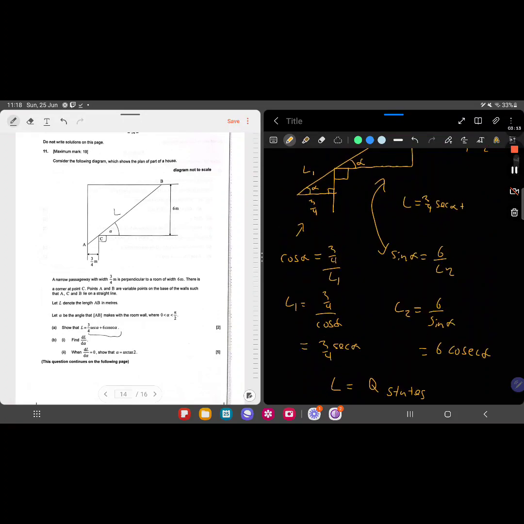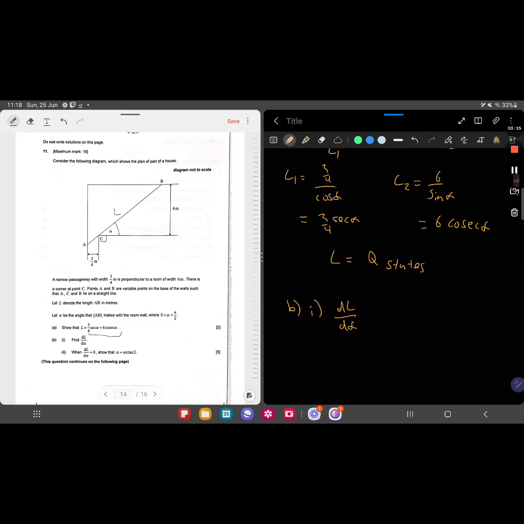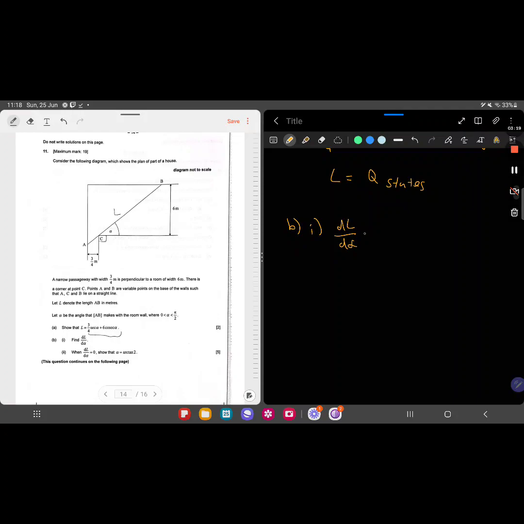This is a derivative. In all these structured questions you use what you had before. So it's dL by d alpha of 3 over 4 sec alpha plus 6 cosec alpha. We can just do the derivative of both things. For the derivative of sec, I'm going to use my formula, I have no idea, let me try to find it.